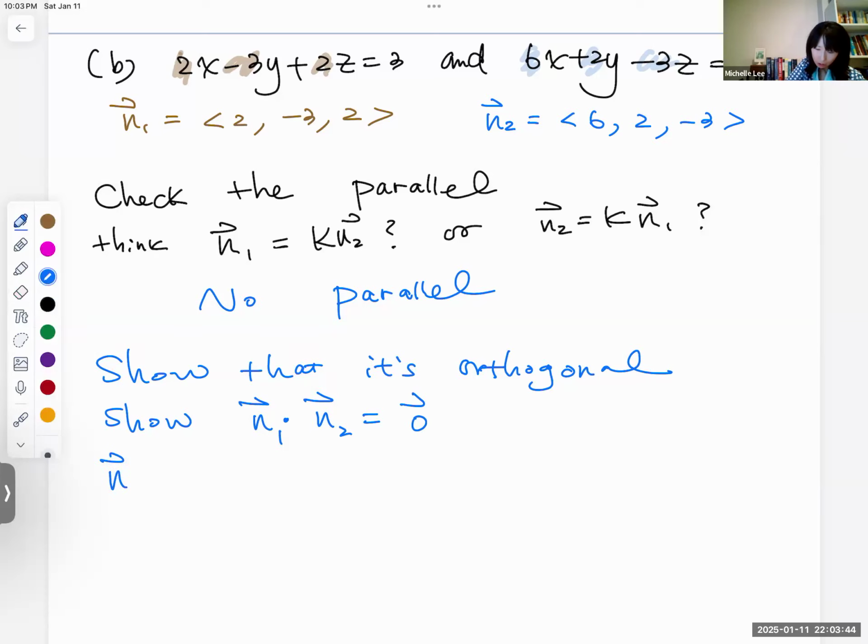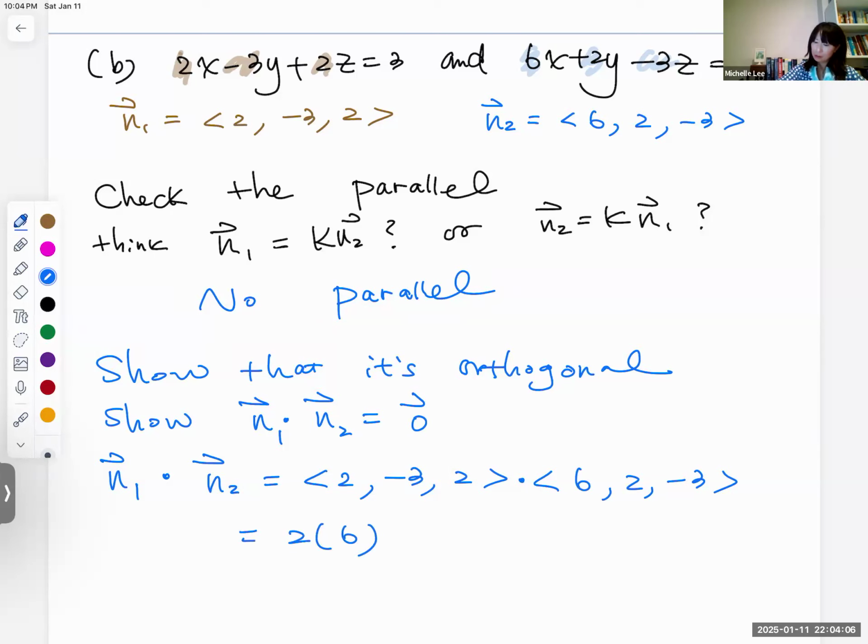So n sub 1 equal to 2, negative 3, 2, dot product with n sub 2, 6, 2, negative 3. There will be 2 times 6, and negative 3 times 2, plus 2 times negative 3.